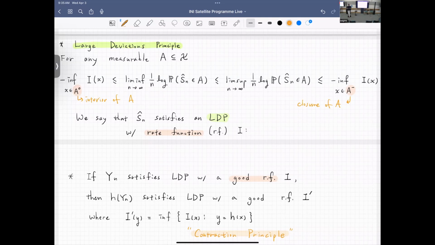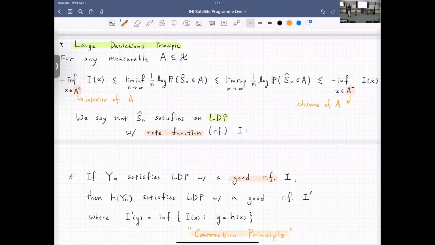It's just a name. It can be Xn, it can be Sn. It's not necessary. I just picked S hat n because I'm going to use S hat later, with some specific choice of S hat n.